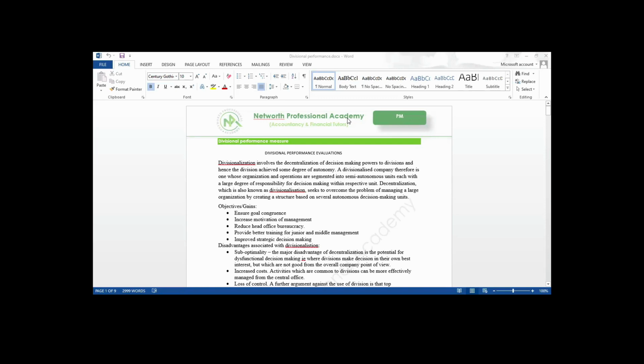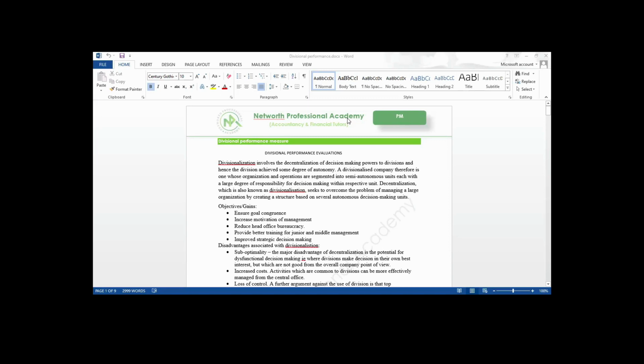There's no reason to work hard if your performance is not being measured. Imagine you are the divisional manager and your performance is evaluated and you are rated very well. Because you are rated well, it will increase your motivation.